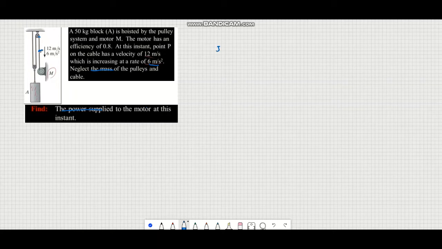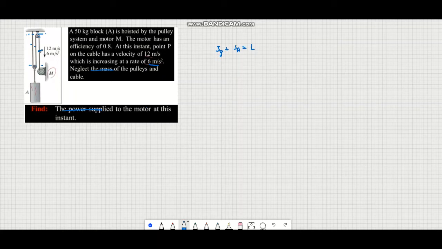So we are going to say s_P is the distance, if we take the datum over here, and from A over here too. So this one is also decreasing, right? So s_P plus 2 s_A is going to be the total length L of this pulley system.